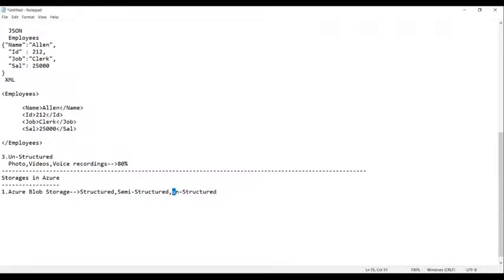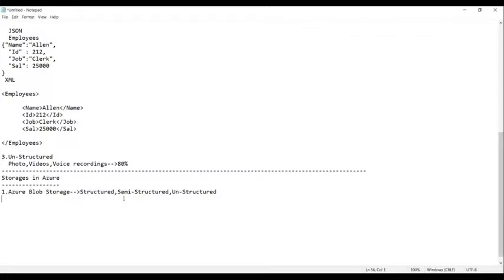These are the types we can store. Semi-structured, structured, and unstructured data. So the Azure Blob Storage can store any kind of data.